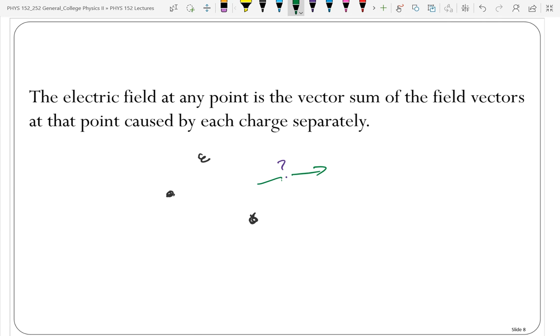Charge number 2 makes an electric field like this. Charge number 3 makes an electric field like this. I add them as vectors to get the total electric field. So it's just adding vectors. Once you know the equation to find the electric field for a point charge, you find it, you add them up.